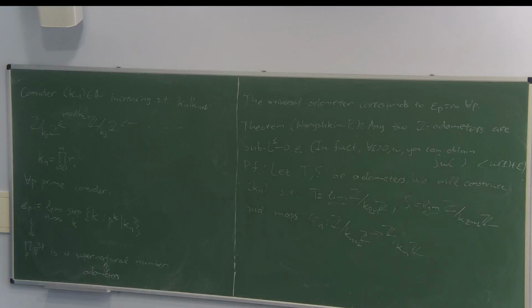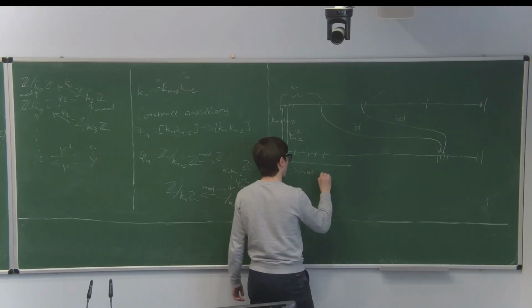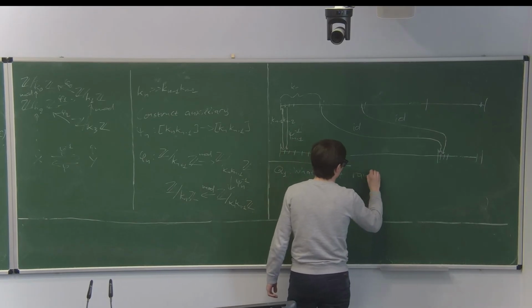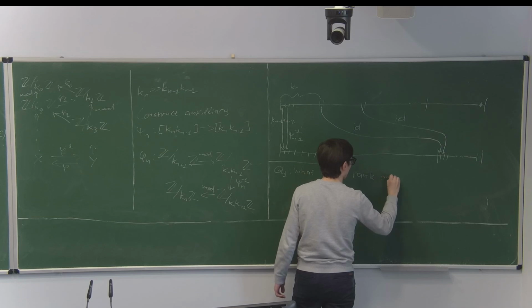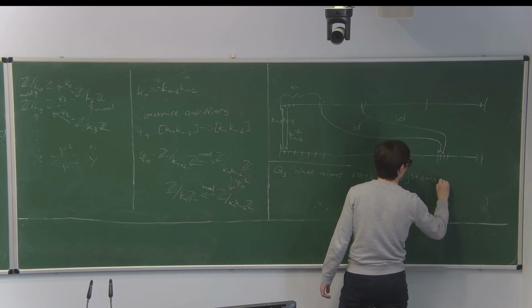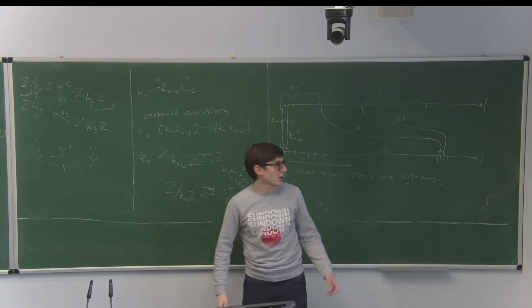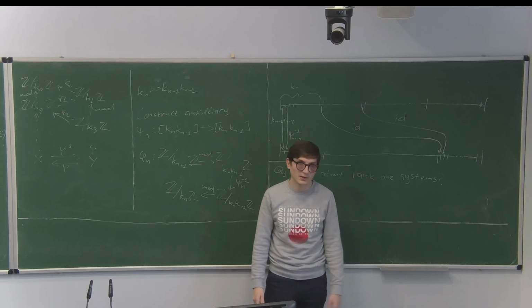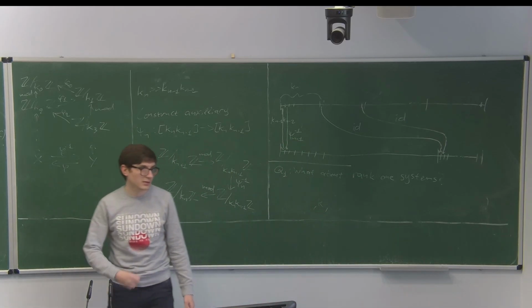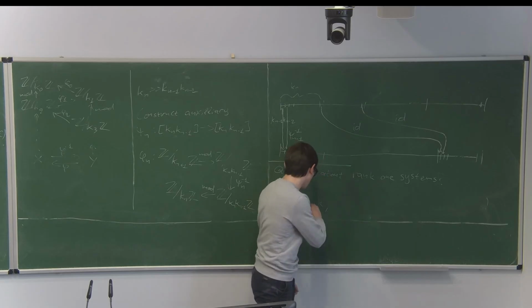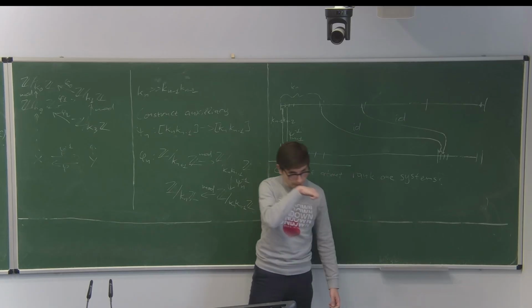One is, question 1, what about rank 1 systems? Of course, you cannot expect to do this in full generality. I mean, some of those don't even support an invariant measure. But let's say you restrict to some nice enough class.